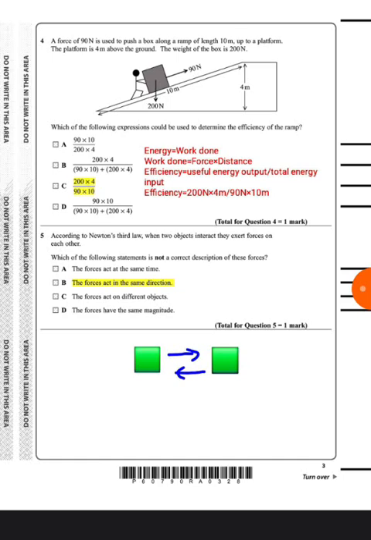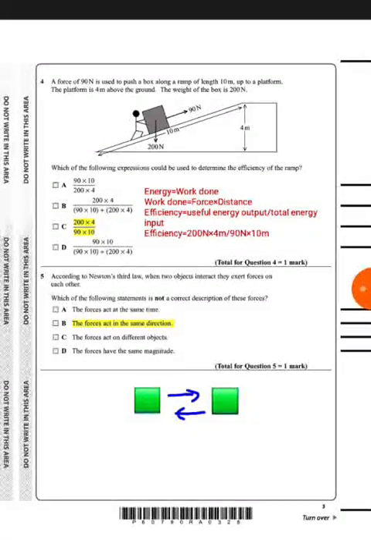That's the efficiency equation. But efficiency is all about the energy, and here the energy is work done. The equation for work done is force times distance. Therefore, we take the vertical work done and the horizontal work done. We multiply 200 newtons by 4 meters, that is the vertical work done component.